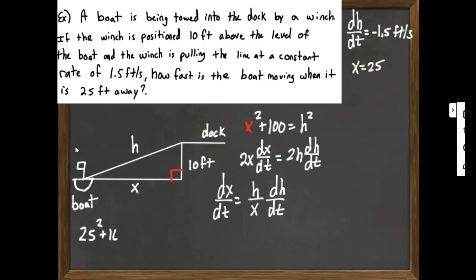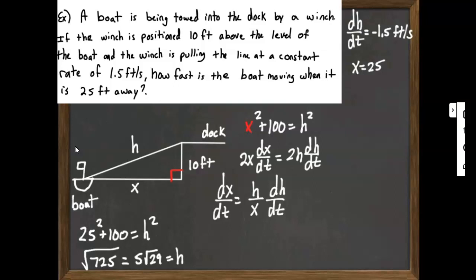So we go back and put that information into our equation. x is 25, so 25 squared plus 100 is equal to h squared. 25 squared is 625, plus 100 is 725.